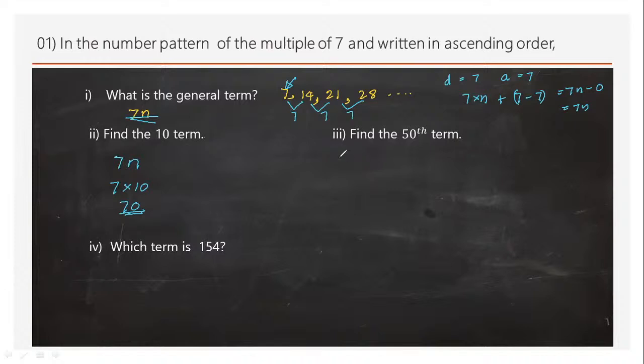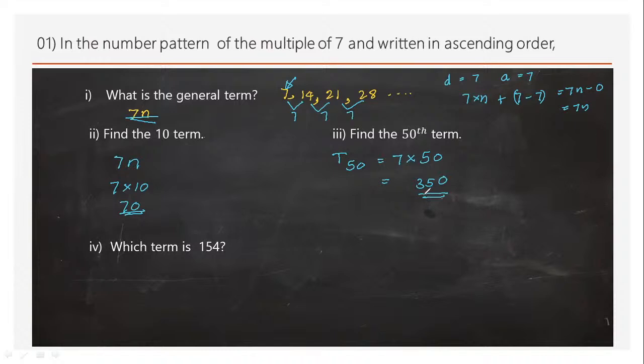T50 equals 7 into 50. What is the answer? 7 times 5 is 35, so 350 is the answer here.